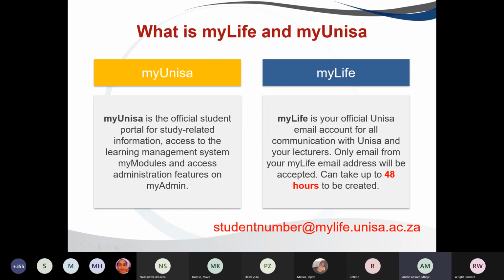So MyUnisa is where you access MyAdmin and MyModules. MyModules is the learning management system where you get your assignments, you interact with other students, and you do your assignments or interact on forums. And then MyLife is purely your email address. So that is where you go to access your emails. So MyLife, you must always think of just email, and MyUnisa contains MyAdmin and MyModules, the learning management system. And MyAdmin is where you can update your biographical information.